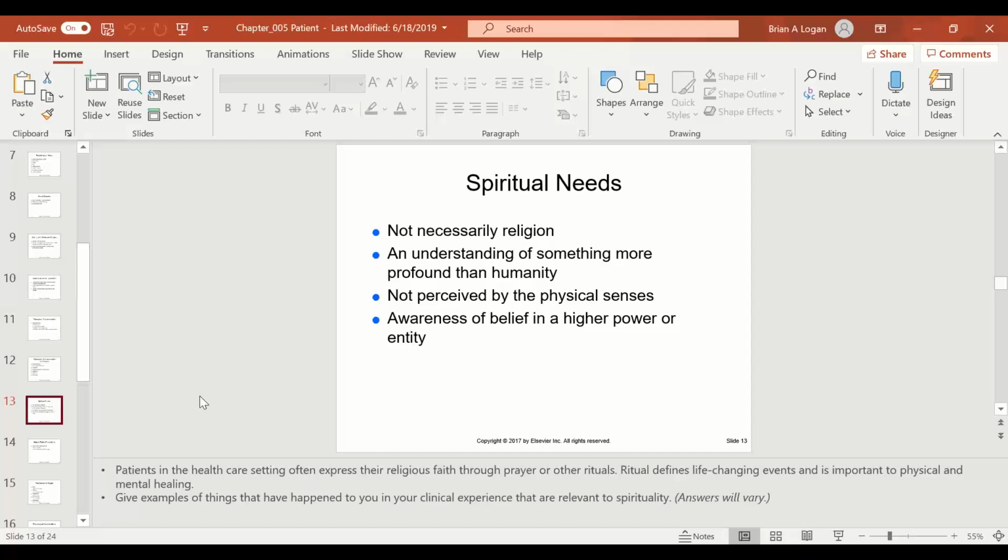If they feel comfortable, they're going to do much better recovery wise, because all their basic needs are being met, and then they can focus on themselves and just getting better.